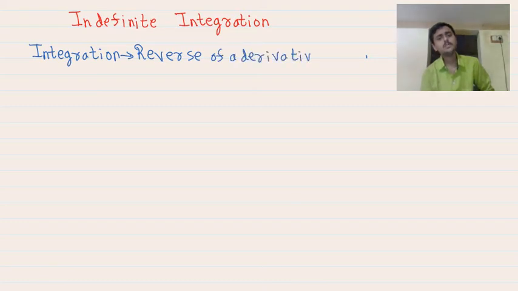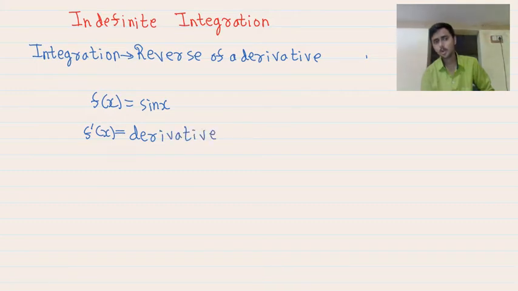For example, if f(x) is given as sin x, then f dash x, which is the derivative of f(x), will be written as cos x.